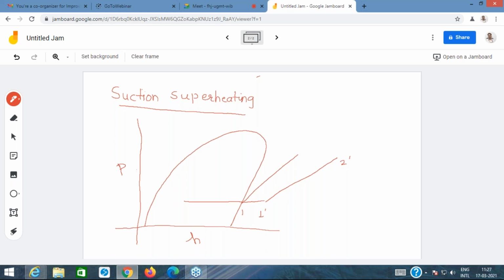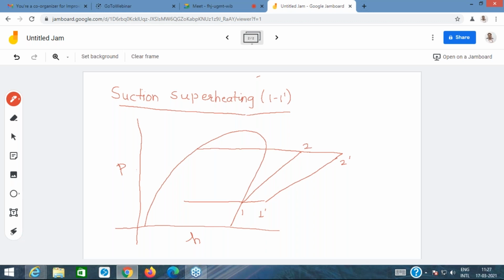The usual things remain as they are. The process of heat rejection obviously has to be a horizontal line on a pressure enthalpy diagram. So 1 to 2 is the original process of the simple saturation cycle, and 1 to 1 dash is the process of suction superheating. Because of this, the process 1 to 2 is shifted to 1 dash to 2 dash.